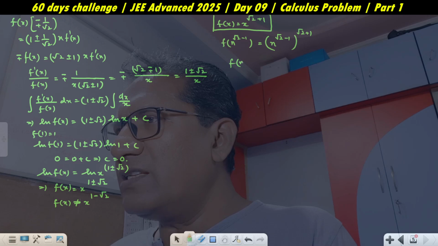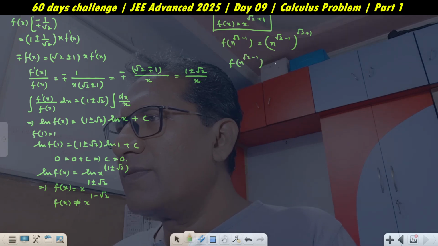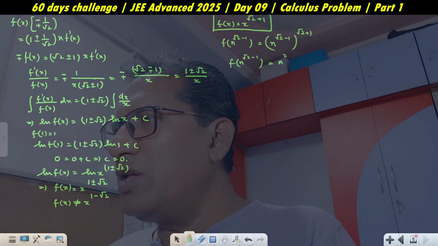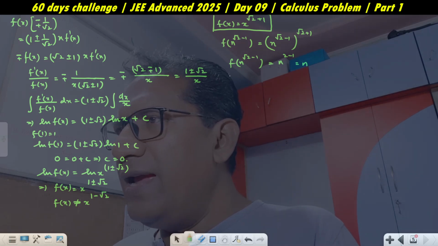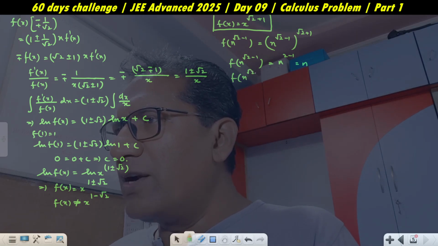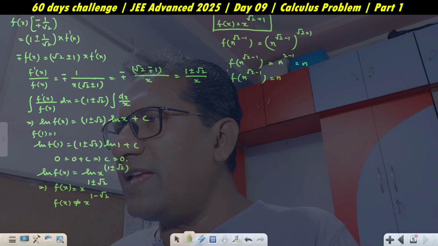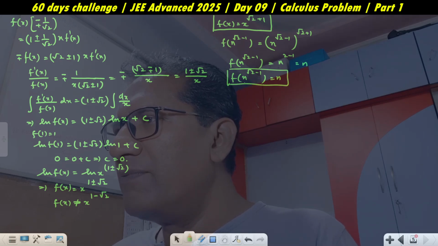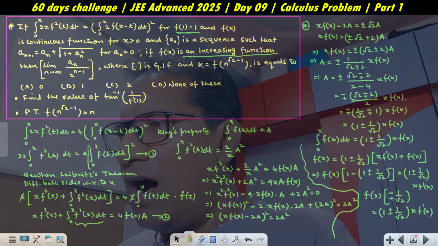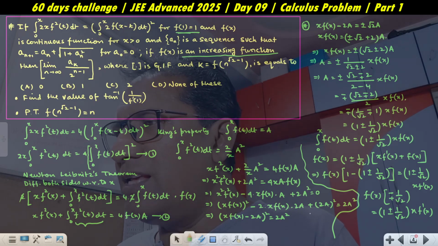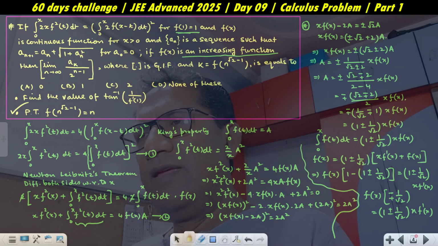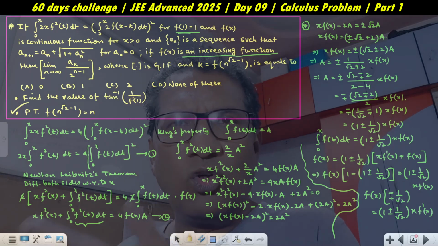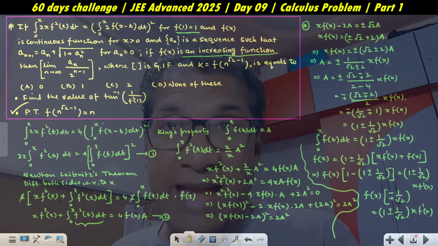So that gives us, this is coming to n to the power 2 minus 1. So that gives us n only. Okay. So f of n to the power root 2 minus 1, we got this thing as my n. So I think our third part is already proved. So this part is proved, that f of n to the power root 2 minus 1 is nothing but n.